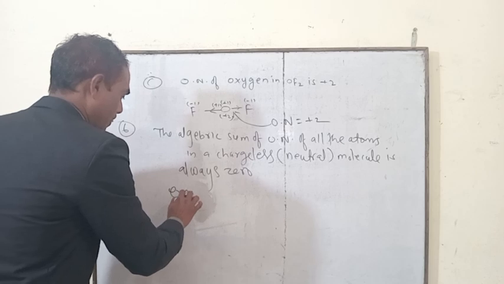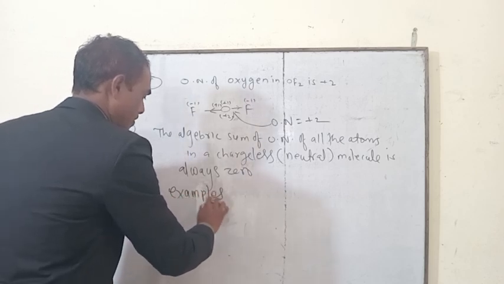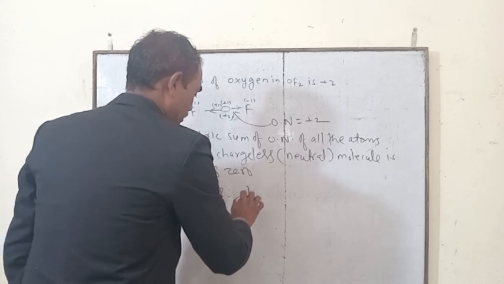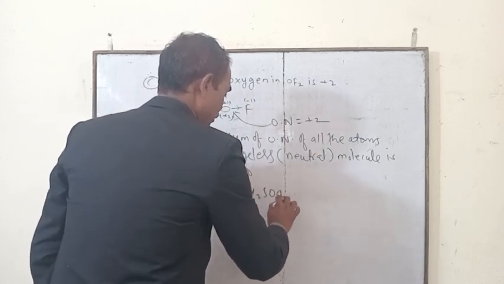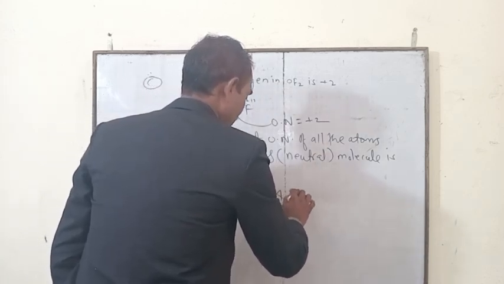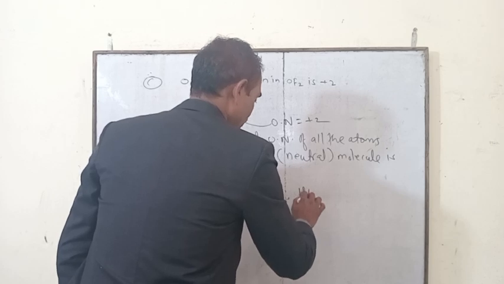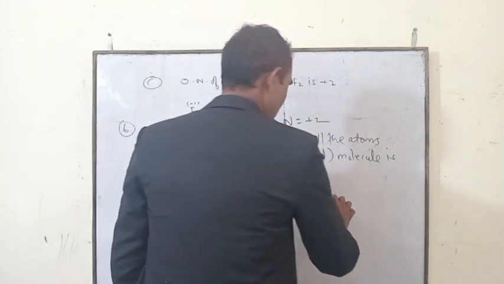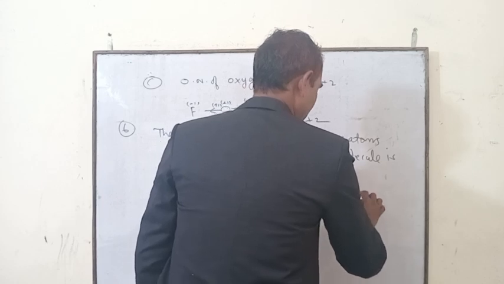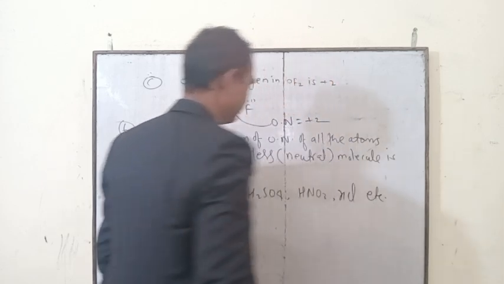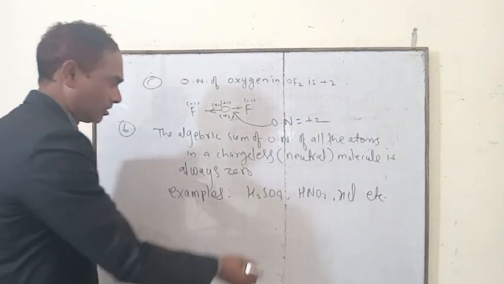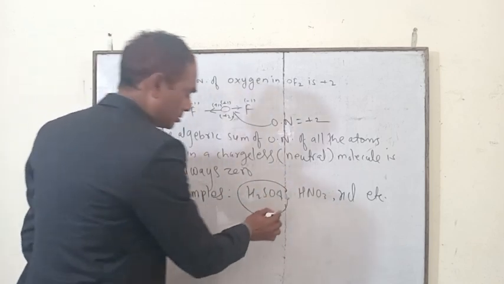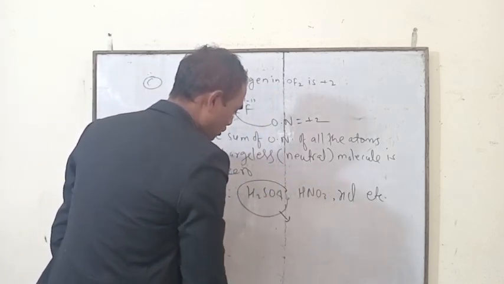Examples: H2SO4 sulfuric acid, HNO3 nitric acid, hydrochloric acid, etc. No charge, overall charge is equal to 0.